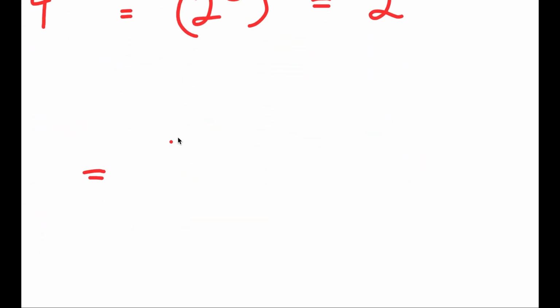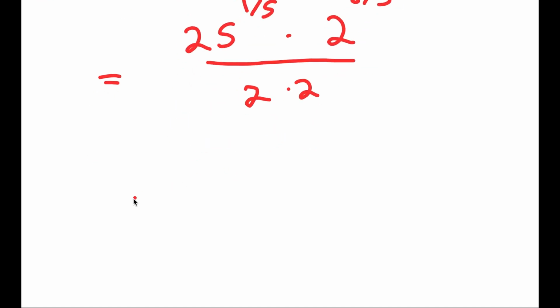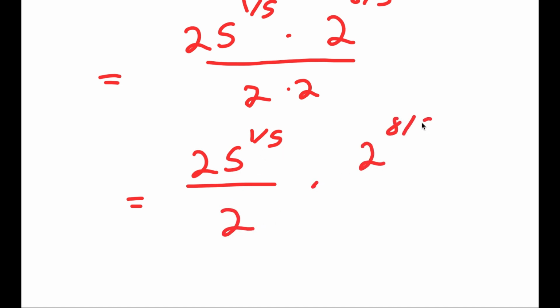So I get 25 to the power of 1/5 times 2 to the power of 8/5 over 4, which I'm going to rewrite as 2 times 2. And now I'm going to separate this into 25 to the power of 1/5 over 2 times 2 to the power of 8/5 over 2.